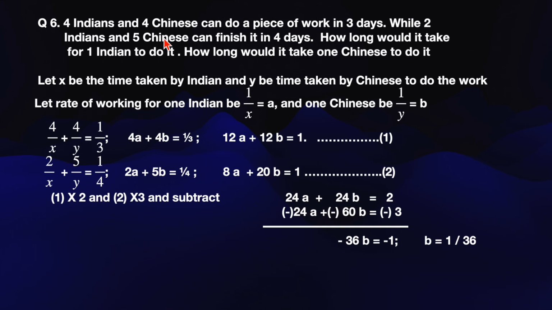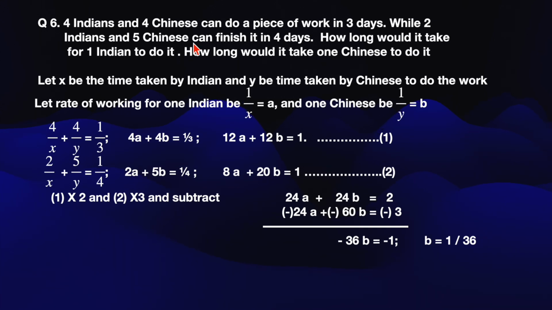4 Indians and 4 Chinese can do a piece of work in 3 days, while 2 Indians and 5 Chinese can finish it in 4 days. How long would it take for 1 Indian to do it? How long would it take for 1 Chinese to do it? Let x be the time taken by an Indian and let y be the time taken by a Chinese to do the work. So rate of working will be 1 upon x.